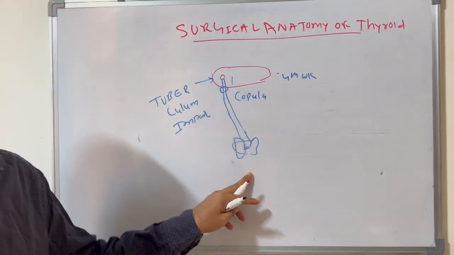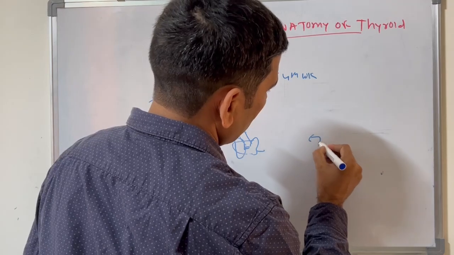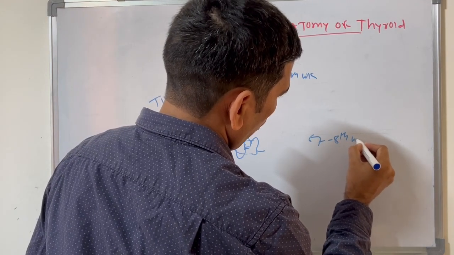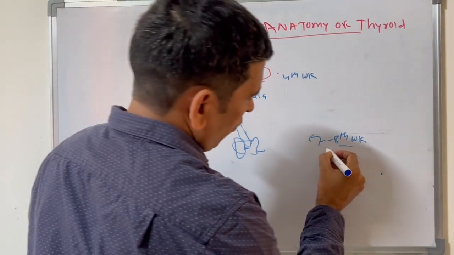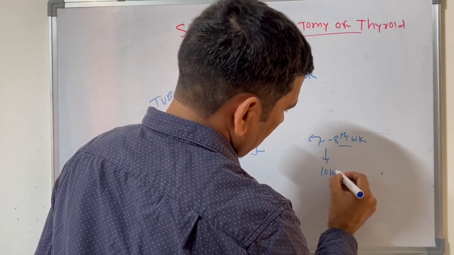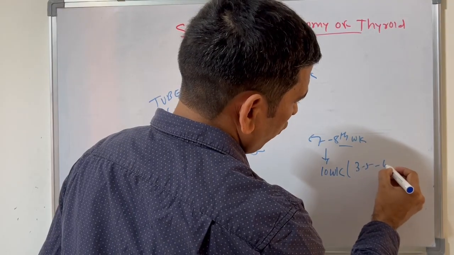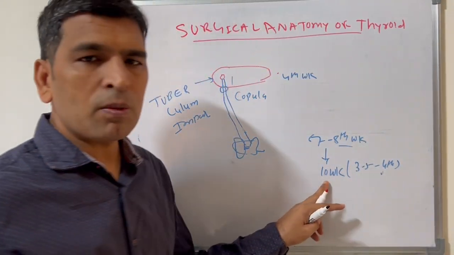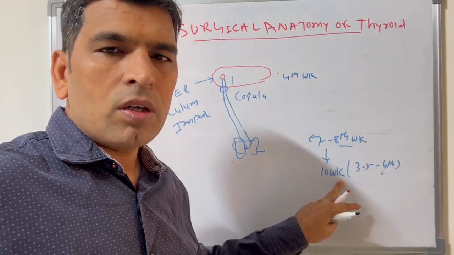It reaches its final position in the neck at the seventh to eighth week, and the thyroid is fully developed at the 10th week, meaning about 3.5 to 4 months. So completion of the thyroid is at the 10th week.